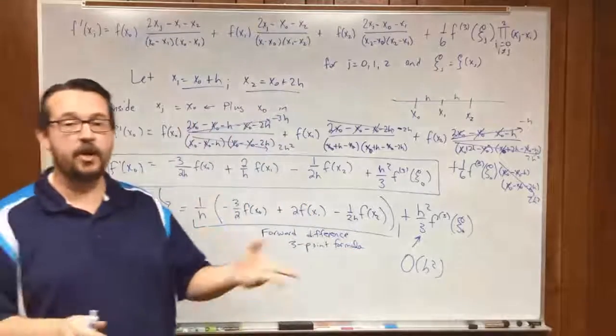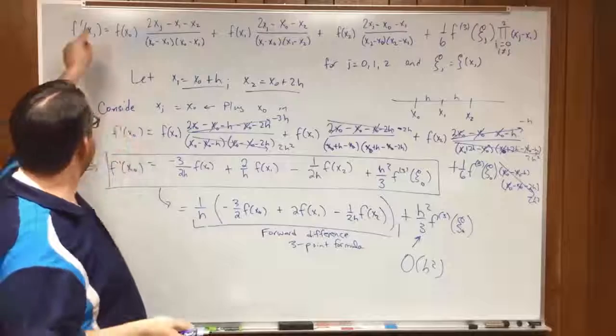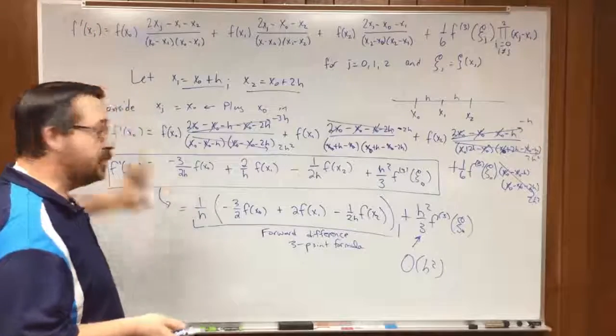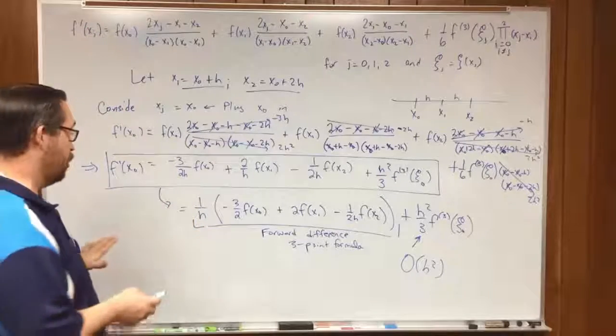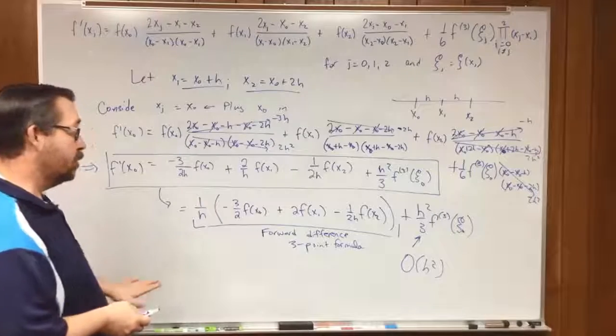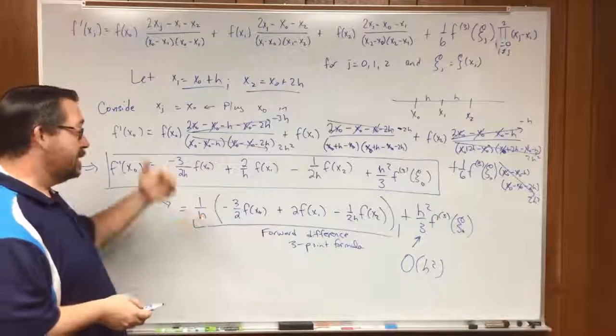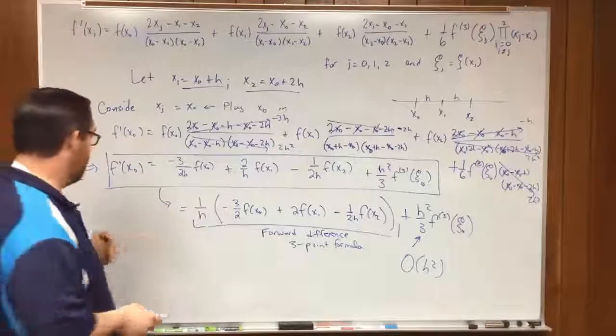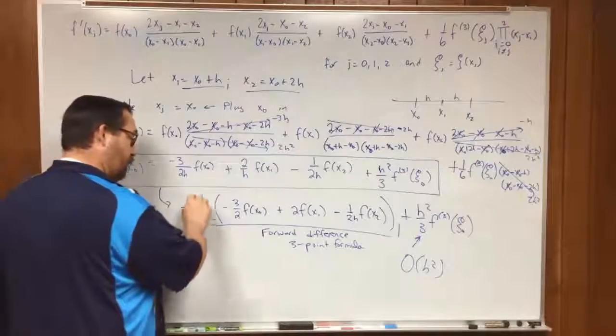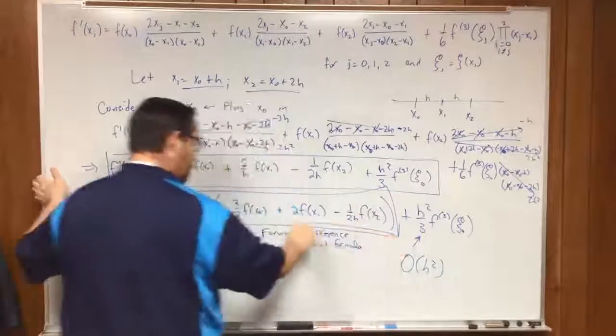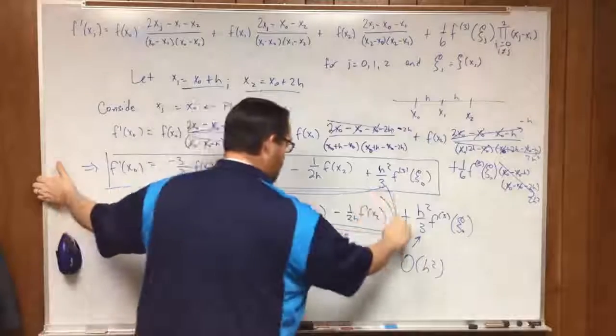Now I'm going to spare you going through the details of plugging in x1 and x2, but I do want to write down the formulas for you, what you get whenever you do the central difference and the backwards difference. So this formula right here you're going to use extensively in your homework.